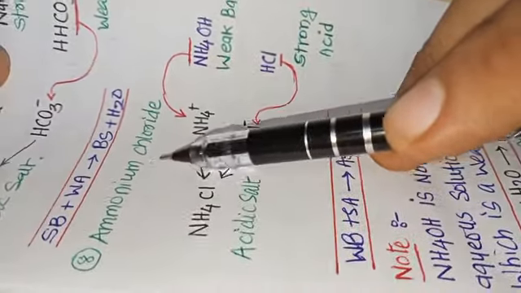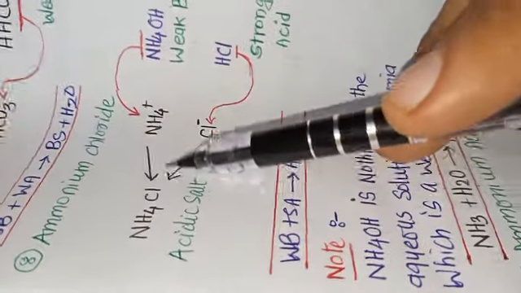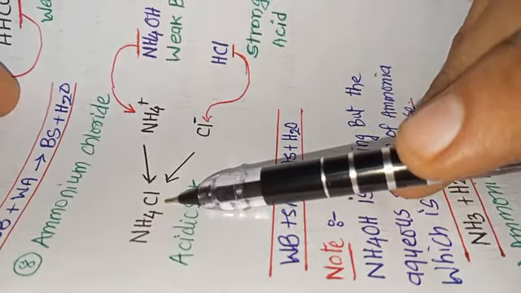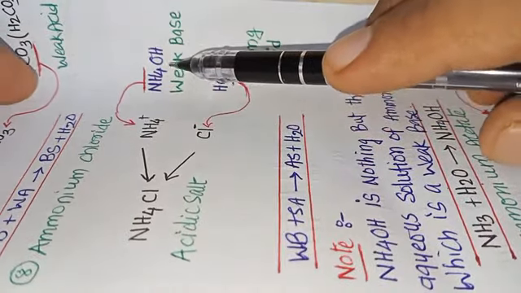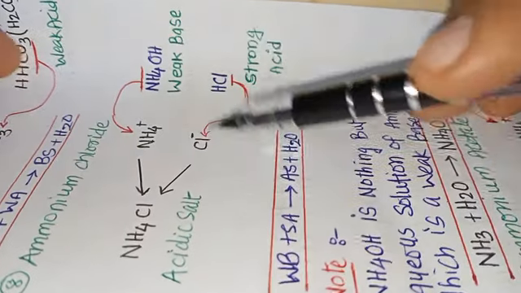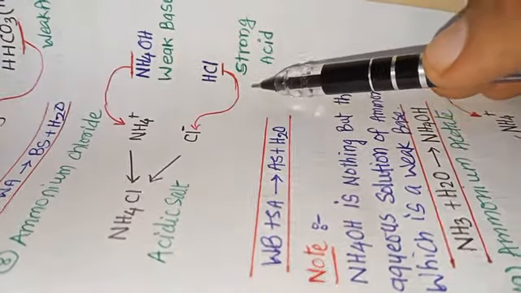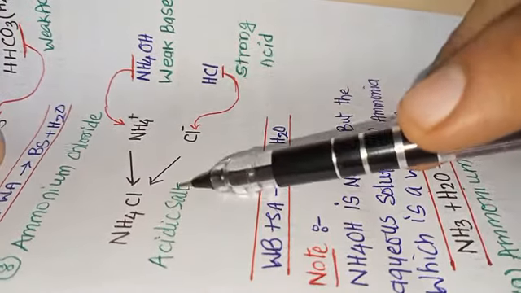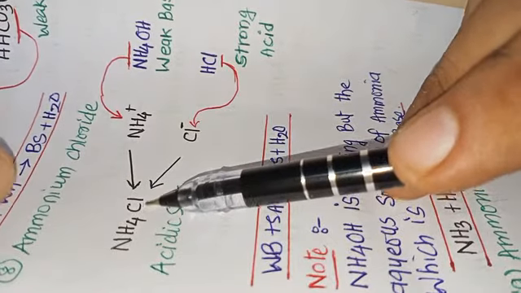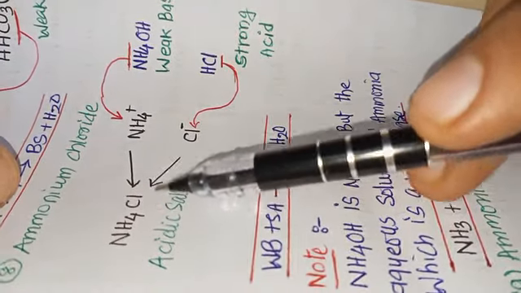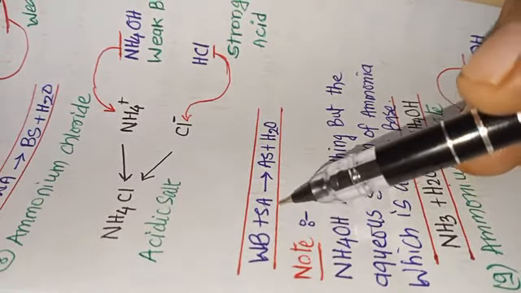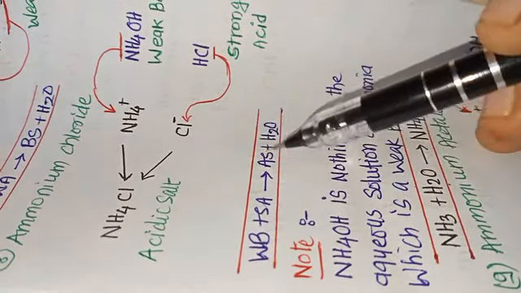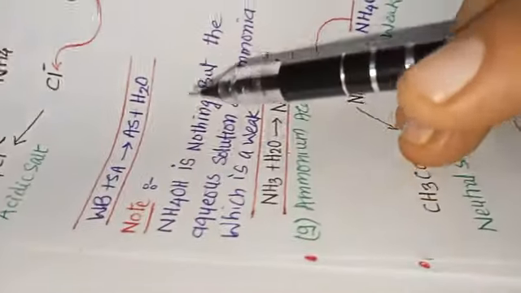Same way, my dear students, we can understand about ammonium chloride. Ammonium chloride has NH4 plus and Cl minus. This NH4 plus comes from the NH4OH, which is a weak base, whereas Cl minus comes from the strong acid HCl. Ammonium chloride is the salt from weak base and strong acid, and that is why ammonium chloride is an acidic salt.